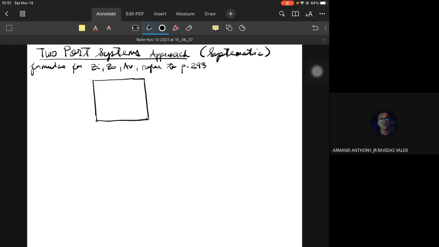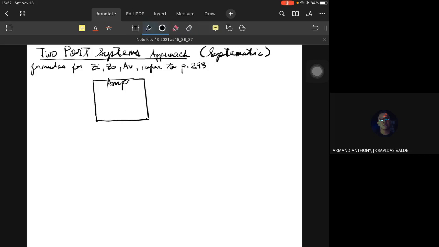Sometimes they term this a black box, meaning the inside is covered. So if this is an amplifier, it is not necessary to know if this is a fixed bias amplifier, voltage divider, emitter follower, or whatever.